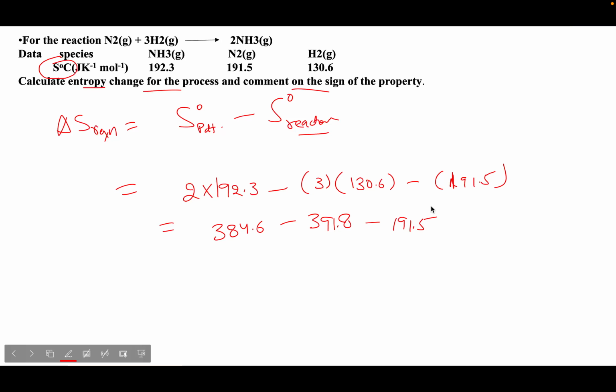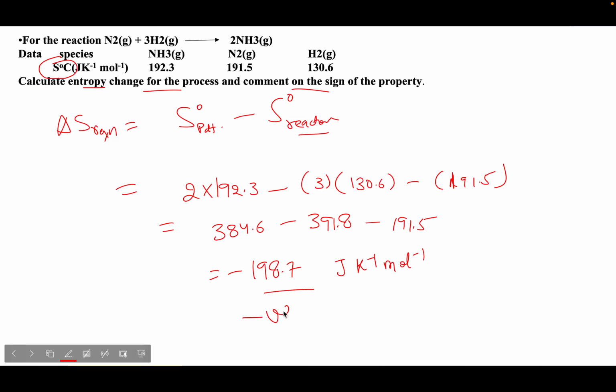So 384.6 minus 391.8 minus 191.5, so this is minus 198.7 joule per Kelvin per mole.